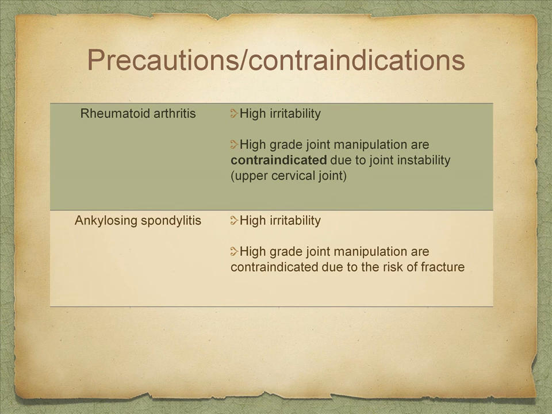For rheumatoid arthritis patients, high irritability due to active inflammation may limit physical examination and treatment. High-intensity exercises should be avoided during an acute flare-up. High-grade joint manipulations are contraindicated in rheumatoid arthritis patients as chronic synovial inflammation, bone erosion, osteoporosis, and cartilage destruction may lead to joint instability.